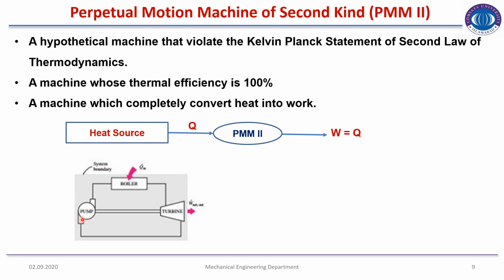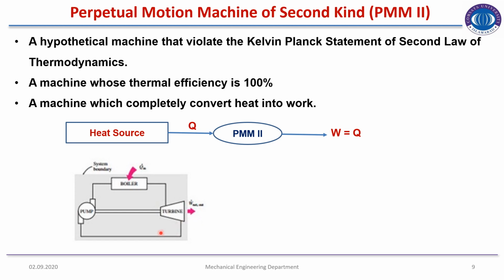As you can see, low temperature, high pressure water enters the boiler. Heat energy from the source is supplied to the boiler, which converts liquid water into high pressure, high temperature steam, and that steam strikes the blades of the turbine and work is produced.